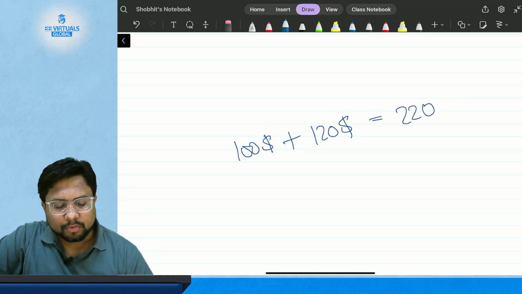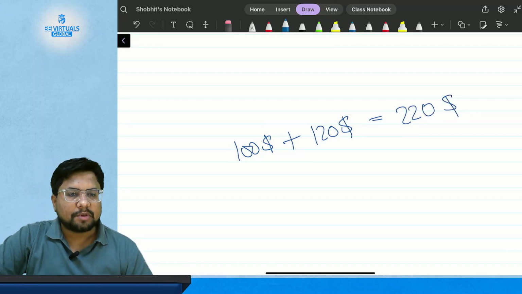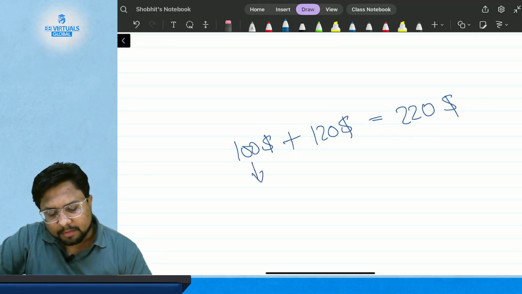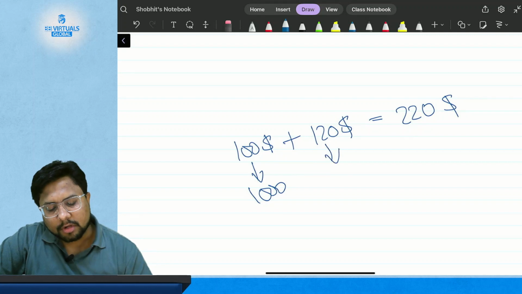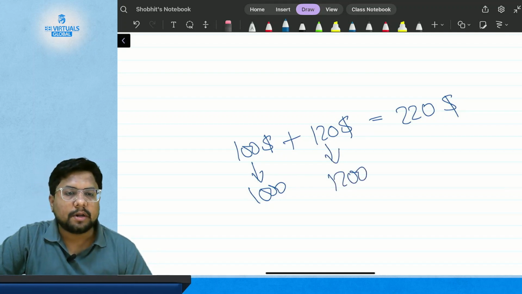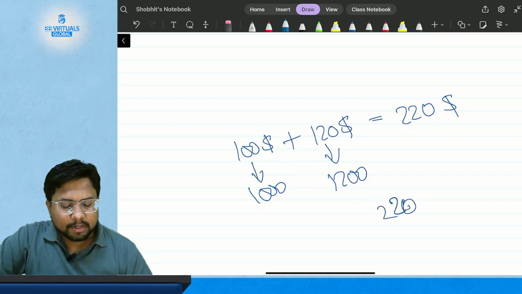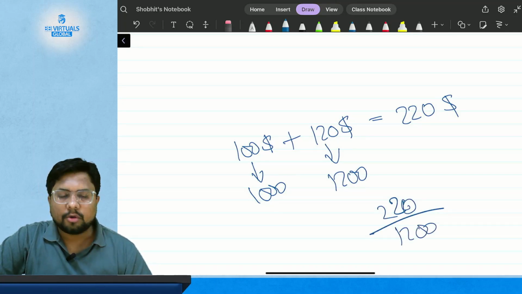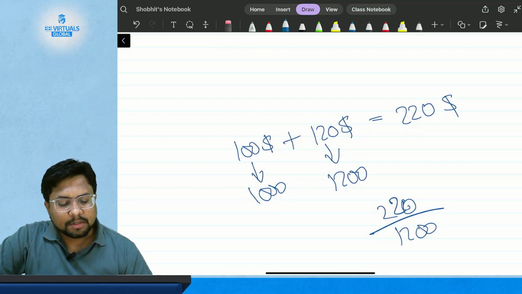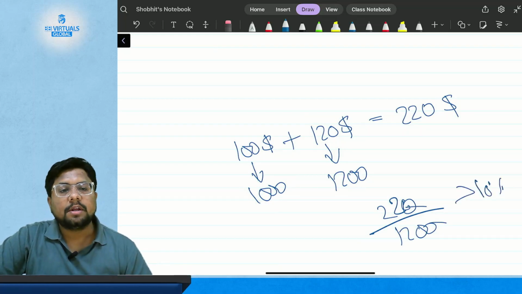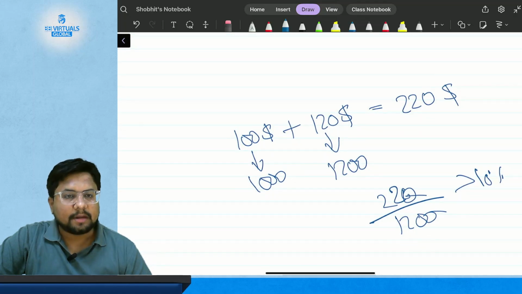So if you make the total, the tax becomes $220, where you made the purchase at $1,000 and now you are making the sale at $1,200. So the government will earn $220 on $1,200 of sale, which is more than 10%, more than the tax rate.